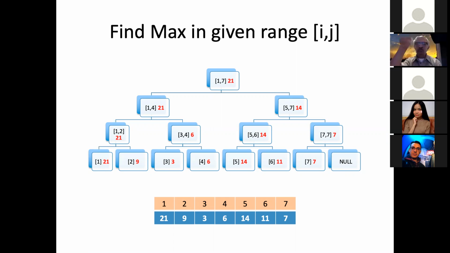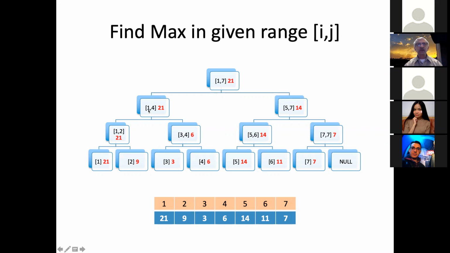How do I search for 2 through 4 in the left subtree? Remember, the root of the left subtree says 1 through 4. But we want just 2 through 4, not 1 through 4. So should I search in its left subtree or in its right subtree?